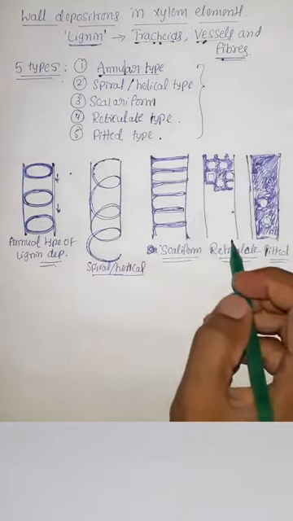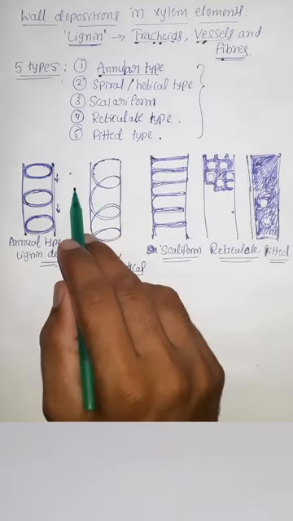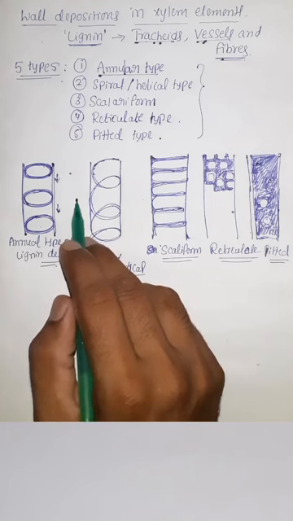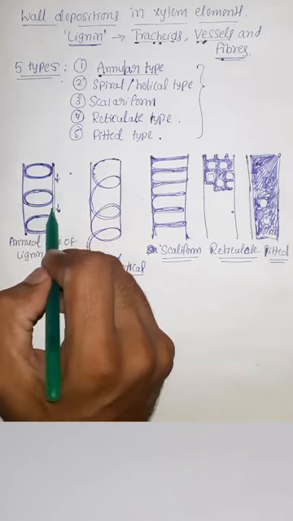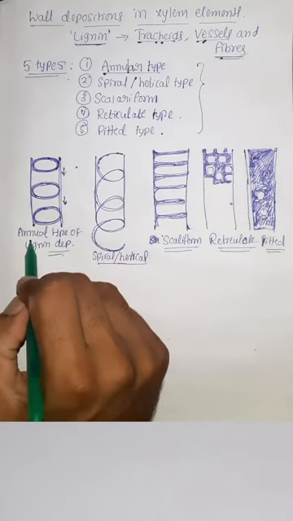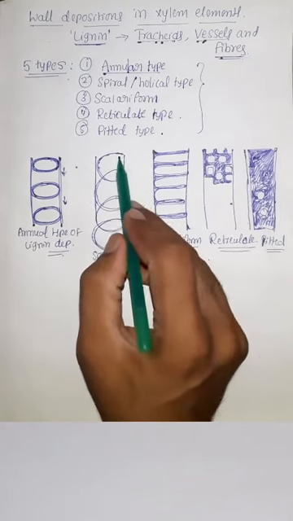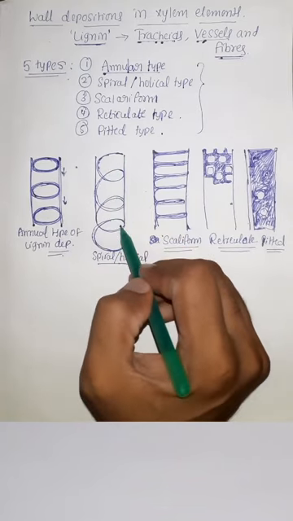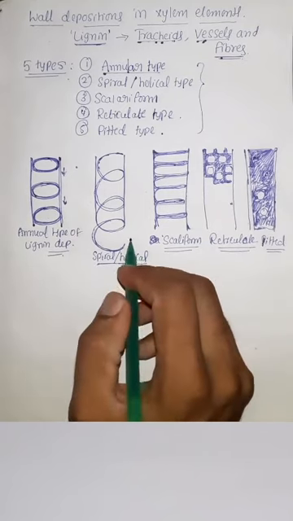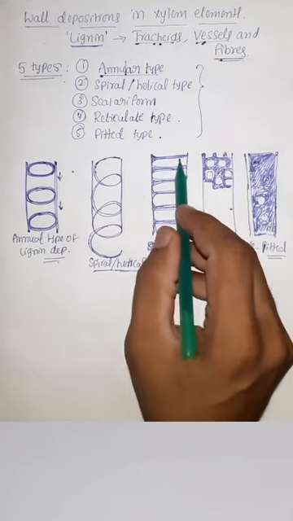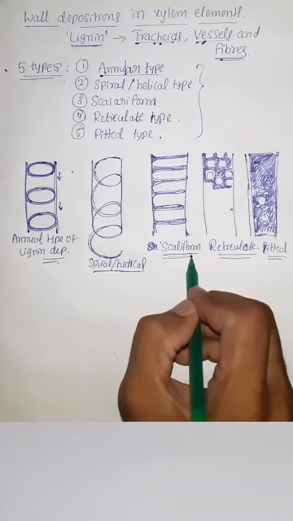Here the only concept is how the lignin is depositing during the secondary wall development. Whenever they deposit in a ring-like manner with regular intervals, the type is called annular. Whenever they deposit in a spiral-like manner, it is known as spiral or helical. If the lignin deposits on horizontal strips, it is known as scalariform.